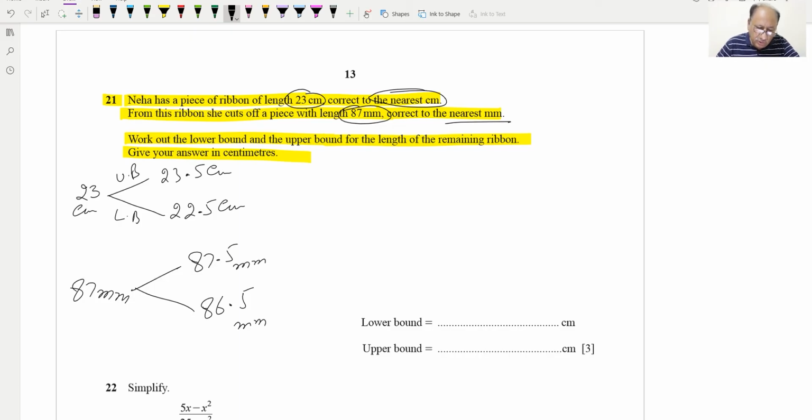Now they are saying work out the lower bound and upper bound for the length of the remaining ribbon. So upper bound of the remaining ribbon will be 23.5 minus this, 86.5 divided by 10, because this is millimeters, so we'll have to change to centimeters, and this will be subtracted.